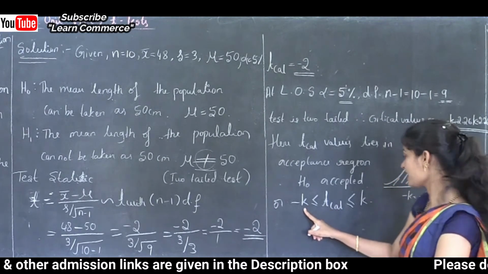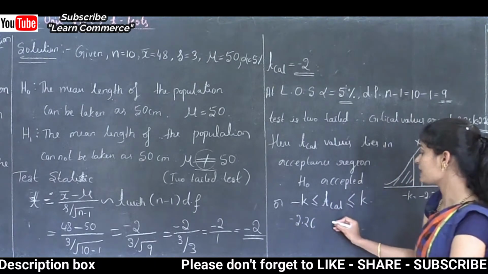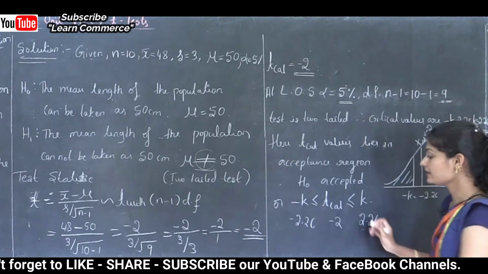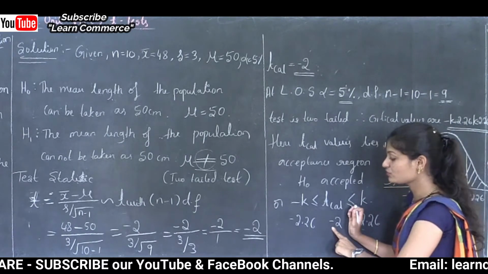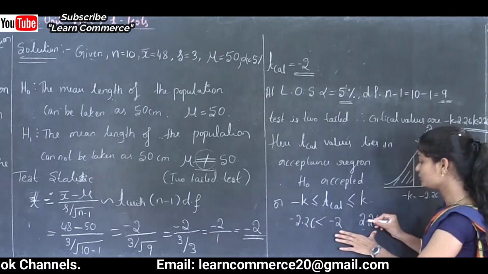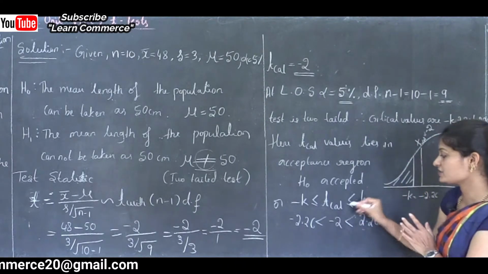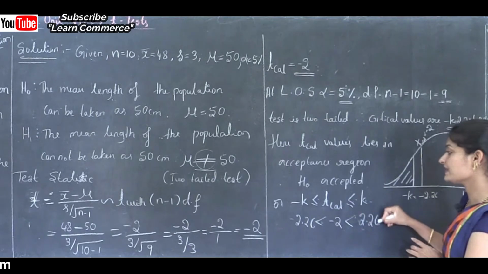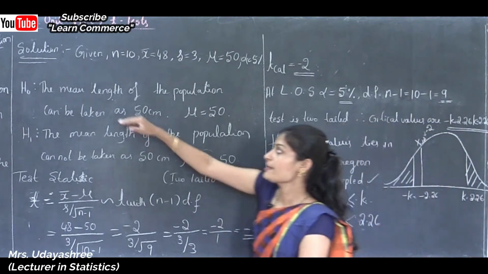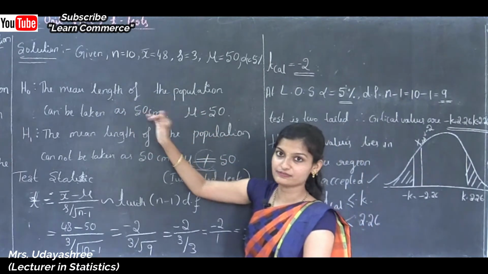Here minus k is minus 2.26, the calculated value is minus 2, and k is 2.26. Minus 2 is greater than minus 2.26, and 2.26 is greater than minus 2, so the condition is satisfied. If the condition is satisfied, H naught is accepted, and the conclusion is that the mean length of the population can be taken as 50 centimeters.